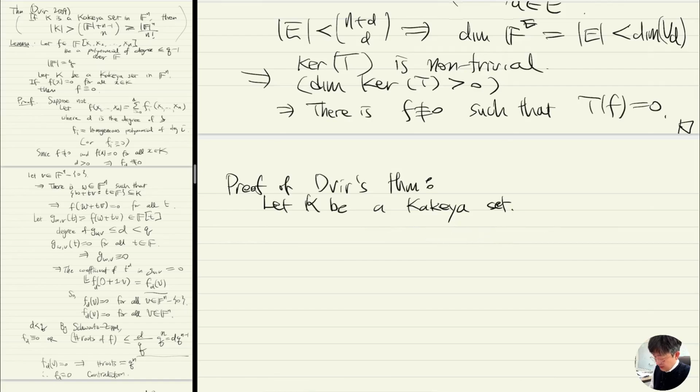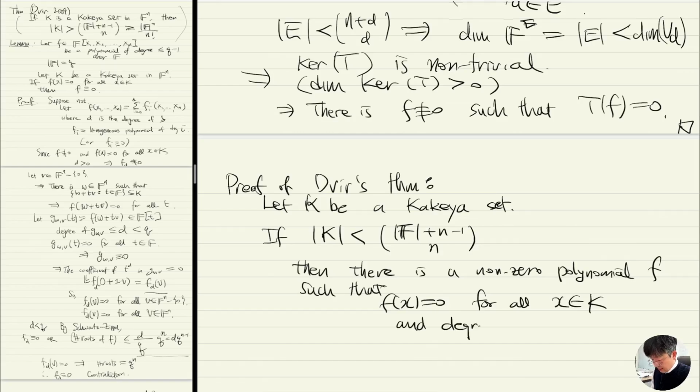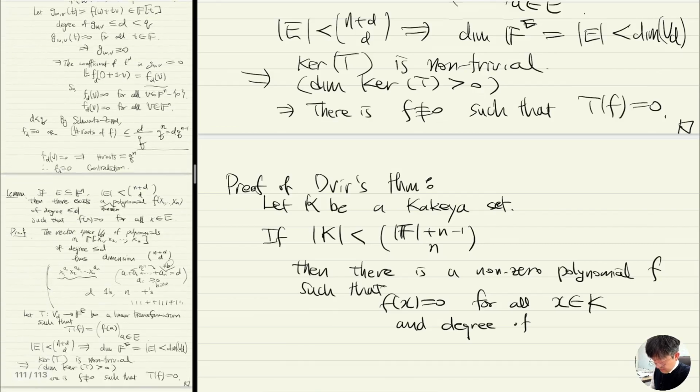Okay, let me say it this way. If the size of K is less than q plus n minus 1 choose n, then there is a non-zero polynomial f with n variables such that f of x is 0 for all x in K, and the degree of f is at most q minus 1.